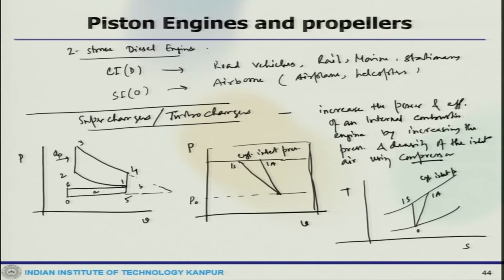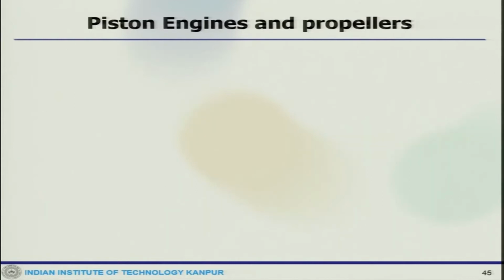To get the net power, we take the indicated power as the area under the curve 1, 2, 3, 4 plus the area under the curve 0, 6, 1, 5. The power required for driving the supercharger can be calculated considering the flow to be adiabatic and steady.